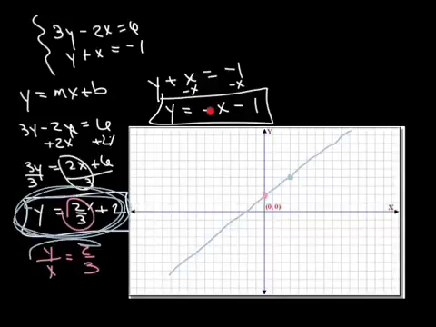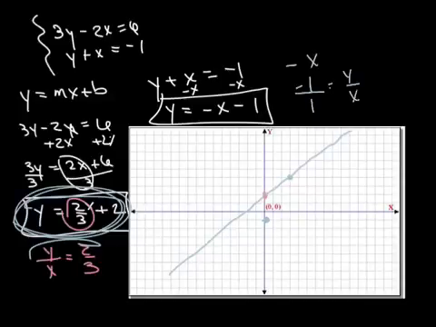Alright, so let's draw the line of this equation. My y-intercept is negative 1, it crosses y at negative 1, and my slope is negative x, so negative 1 is my slope, and to make that a fraction, I put it over 1, so that now I have a y over x.